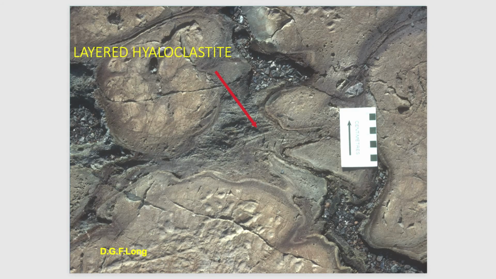Some other examples of how the hyaloclastite gets layered. So often these deposits tend to accumulate gradually within open space that is generated between the pillows, especially if the pillows are subject to instability, which will break the pillows and result in accumulation of clastic material.